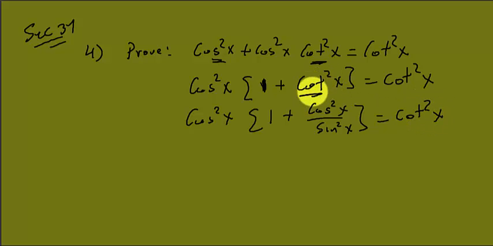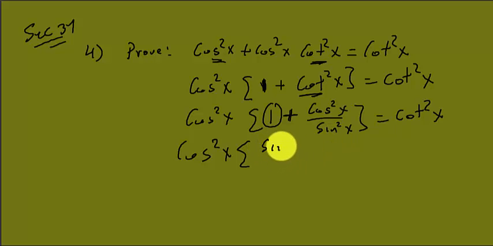Now there is a trig identity for 1 plus cotangent squared x, which I gave you. Let's assume you've forgotten that. But you should know cotangent squared is the same thing as cosine squared over sine squared. I have to add these two fractions together, so my common denominator is sine squared.